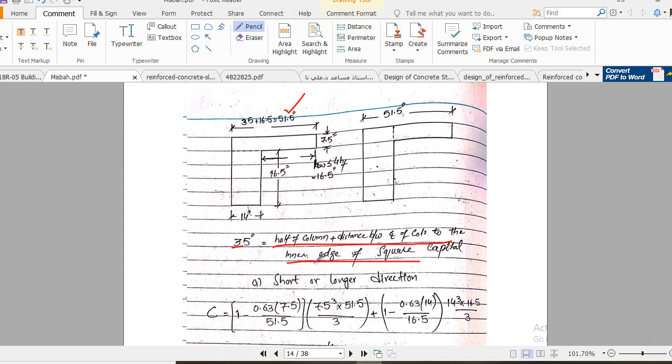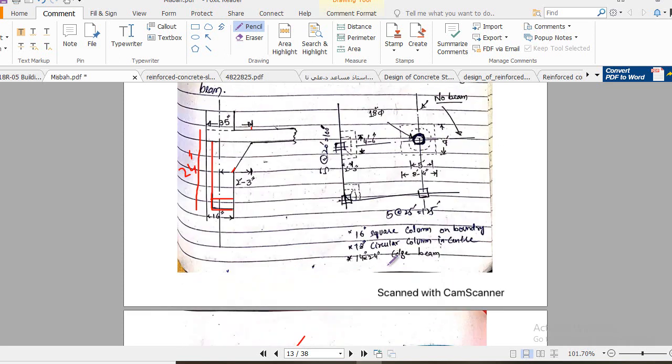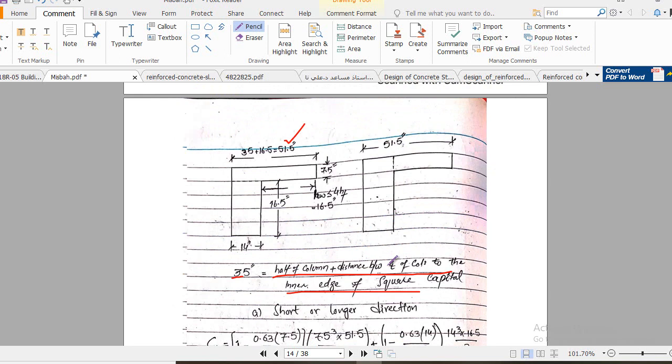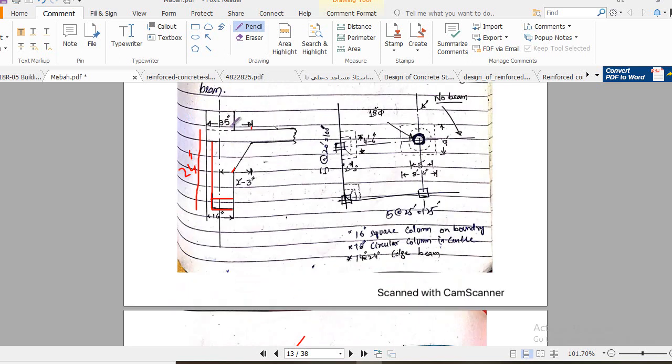Okay, and 35 inch is basically half of the column plus the distance between the center line of the column to the inner edge of the square capital. Clear? And you see it is basically this distance from the outer face of the column to the column capital. Okay, and this is 2 feet and 3 inch. This is 16 divided by 2.